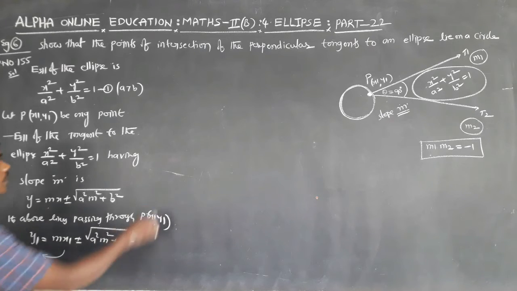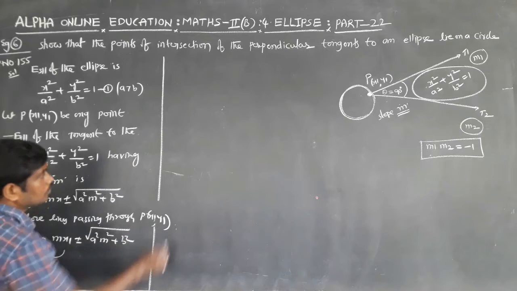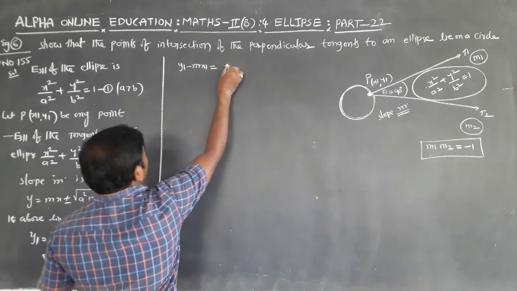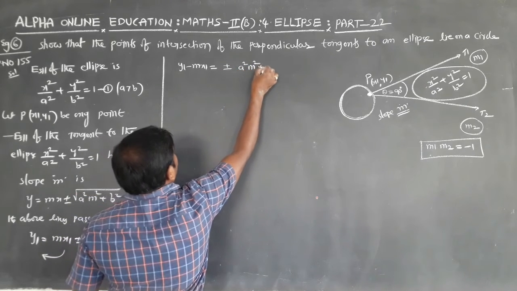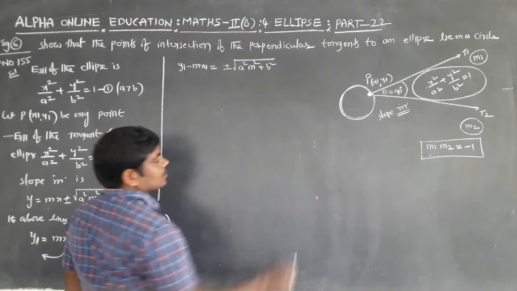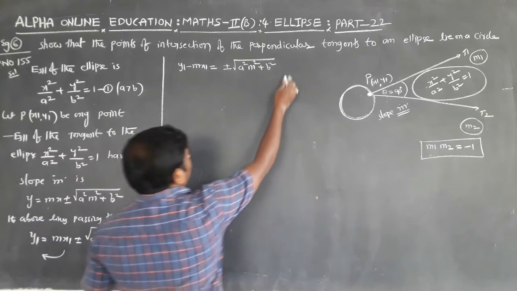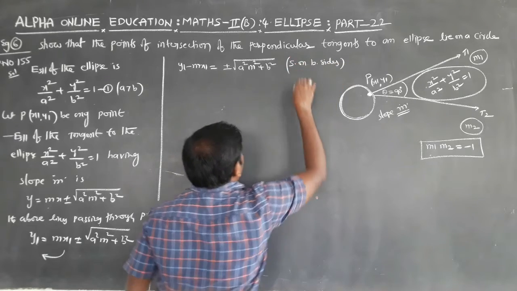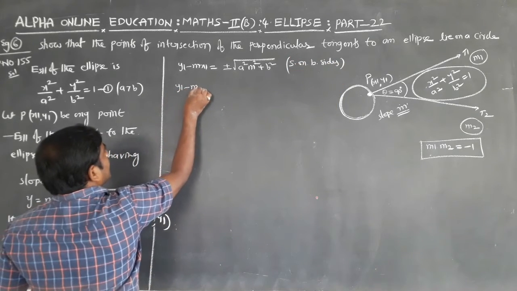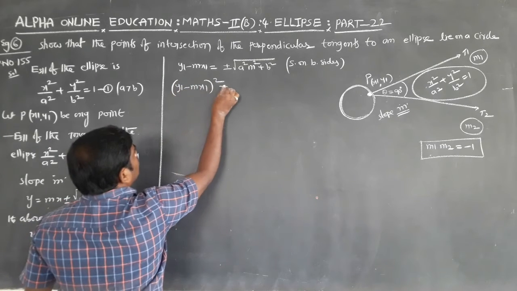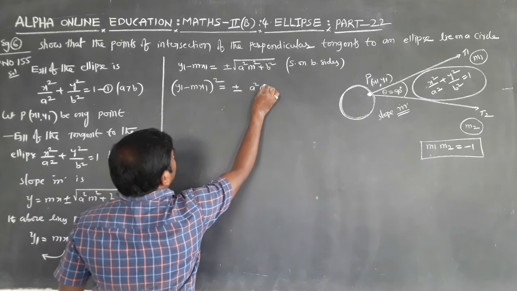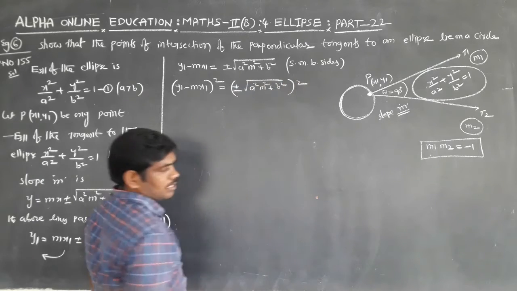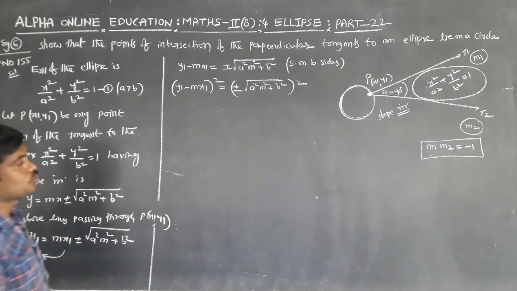Taking mx1 to the left side, y1 minus mx1 is equal to plus or minus under root of a square m square plus b square. Squaring on both sides, (y1 minus mx1) whole square equals (plus or minus under root of a square m square plus b square) whole square.